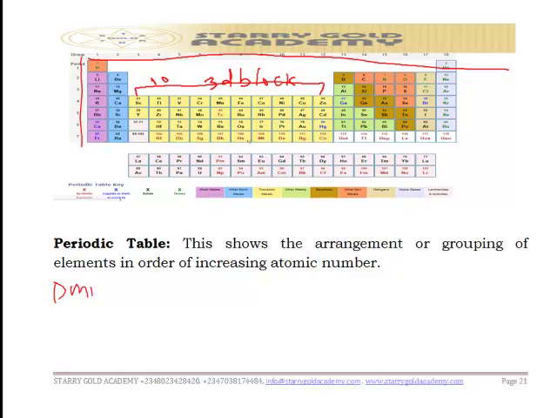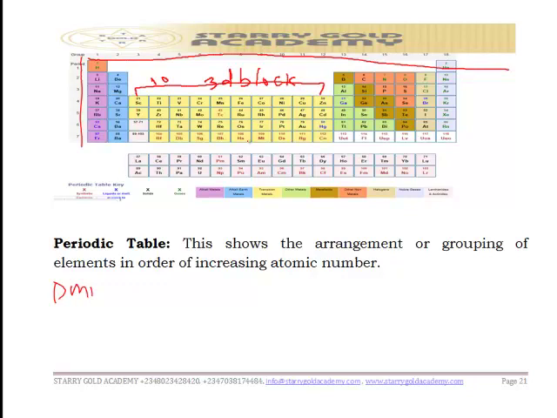Now quickly, let's talk about the periodic table. This periodic table shows the arrangement or grouping of elements in order of increasing atomic number. But remember I told you that Lavoisier's contribution or arrangement of the periodic table was based on metal and non-metal.